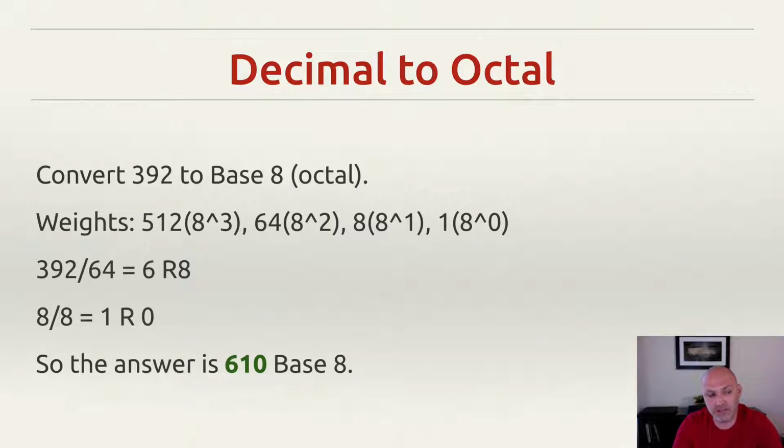I can divide 64 into 392 and get an answer of 6 with a remainder of 8. The remainder then comes down and is divided by the next base. So 8 divided into 8 gives me a 1 remainder 0. Now remember, this 0 has to come down and be divided by the last weight, which is 1. But 1 divided into 0 is still a 0. So my answer is 610 in base 8.